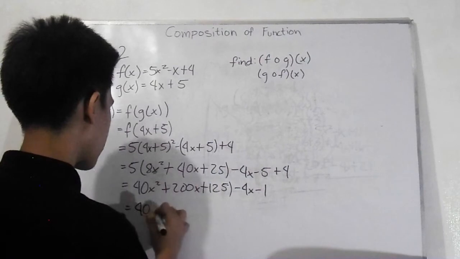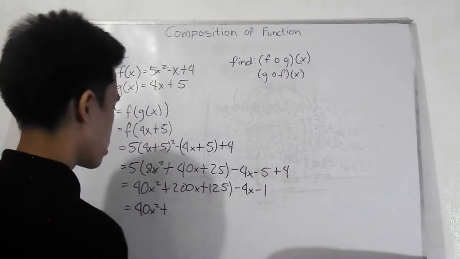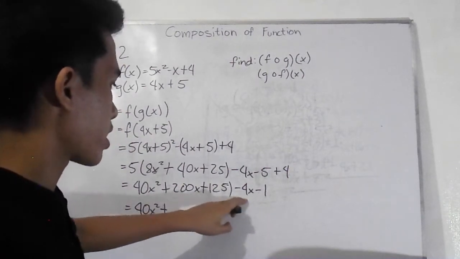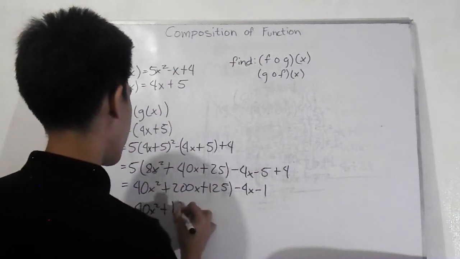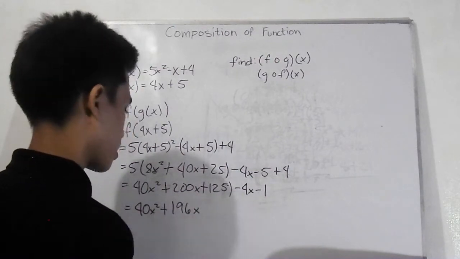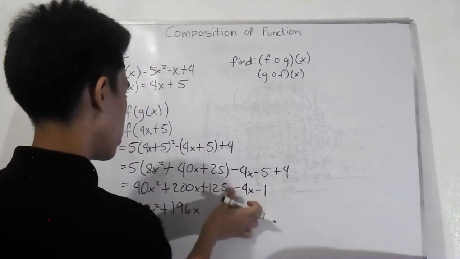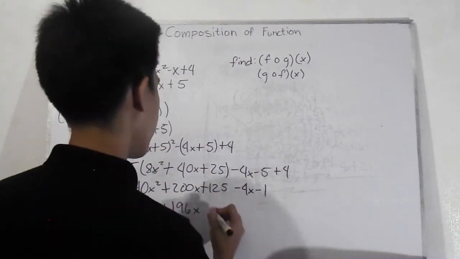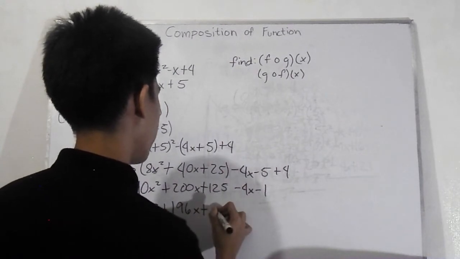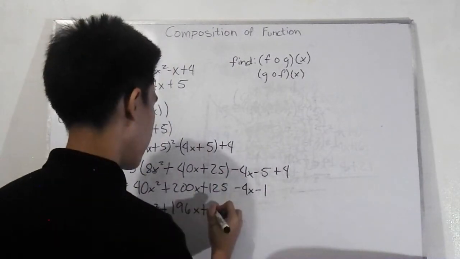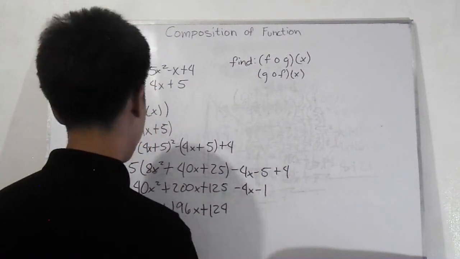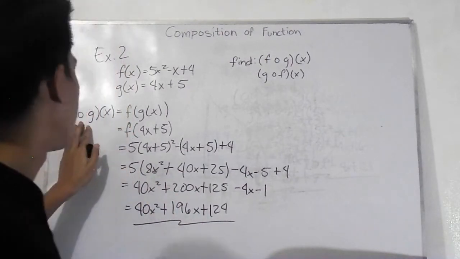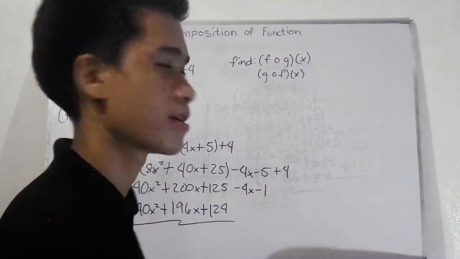So 40x squared plus 200x is the same with negative 4x. So we have 196x, and also 125 minus 1 is positive 124. So this is your answer of f of g of x.